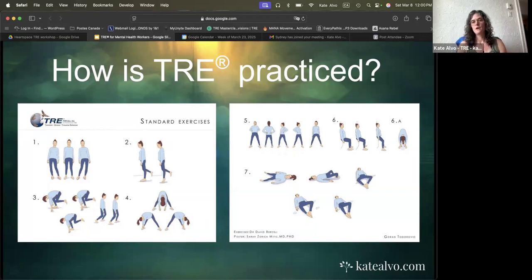So TRE is going to be working out the tension patterns in the body gradually, in its own way and its own process, over a matter of a couple of years or whatever. And TRE is a practice that's going to be long-term too. Once we've discharged most of the tension and trauma that's been held in the body since childhood, life doesn't stop.